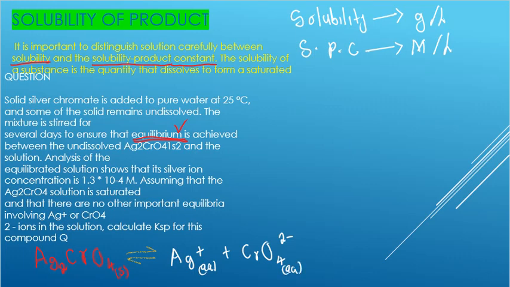Now remember that we have 2 silver ions, so of course we put our 2 here, and everything remains balanced.